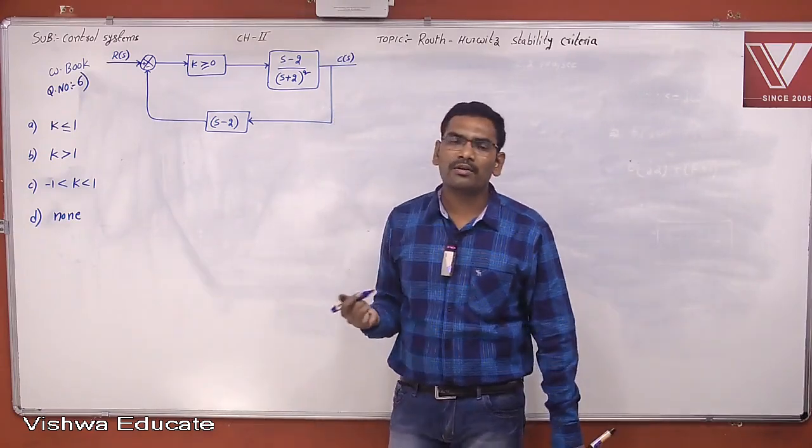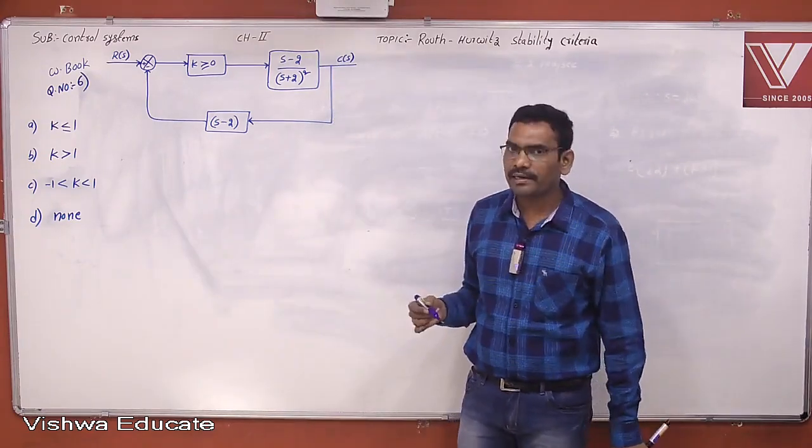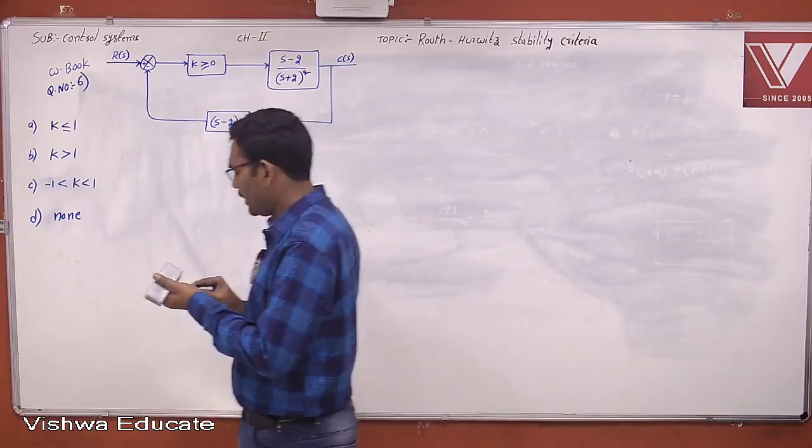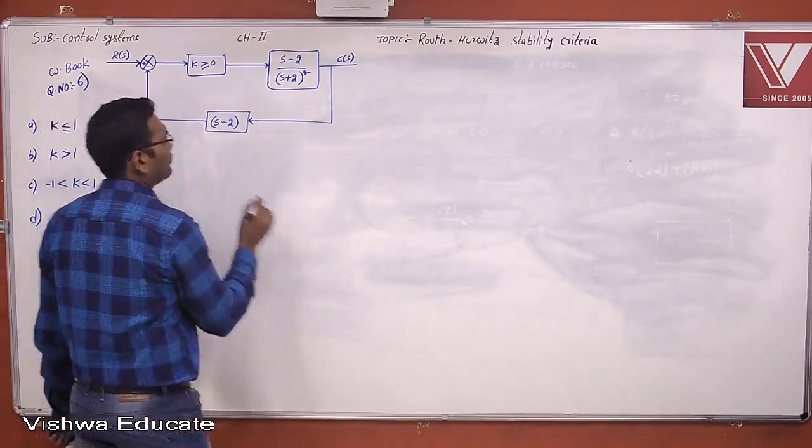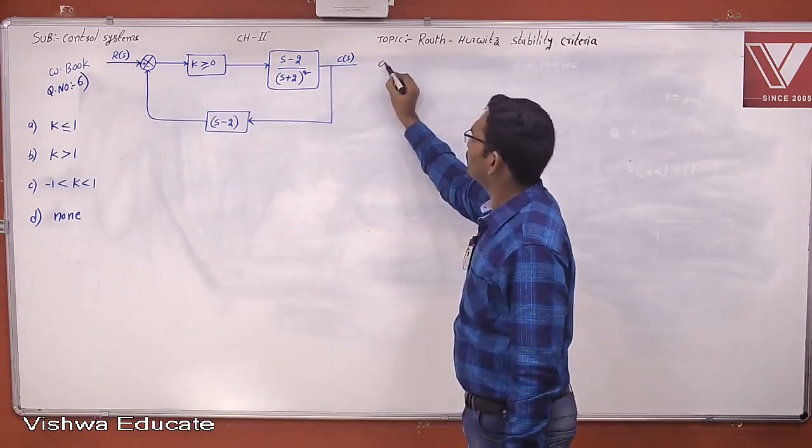Now closed loop control system stable means first you want to find the characteristic equation. Now what is the characteristic equation?